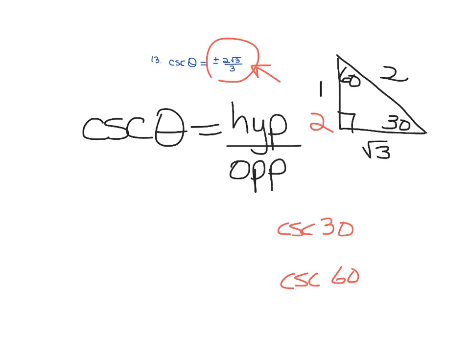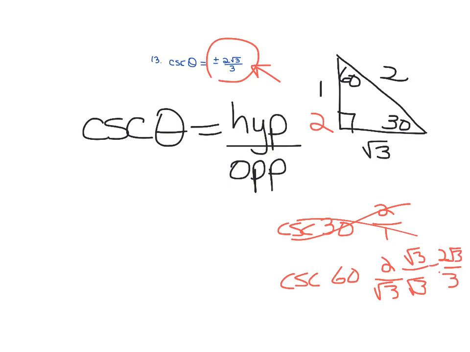So again, if I do the 30, hypotenuse over opposite, 2 over 1. Right there I can see it doesn't have a radical in it, so I'm not using 30. If I go ahead and finish this, 2 over root 3, and then I rationalize it, then it goes to what I was given. Does that make sense? So you could actually set it up and find the one that matches, if that's easier for you.